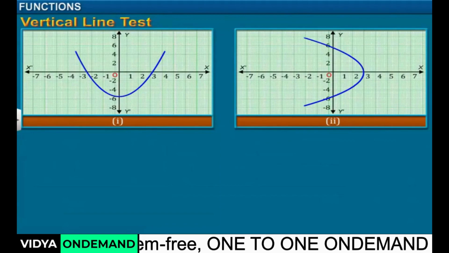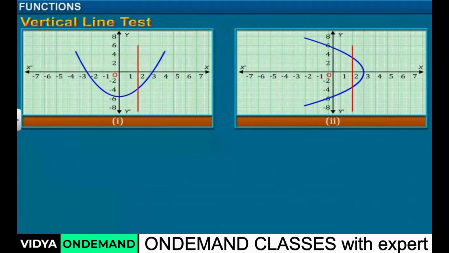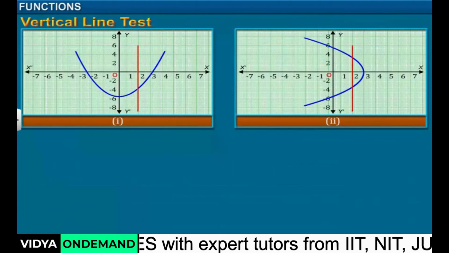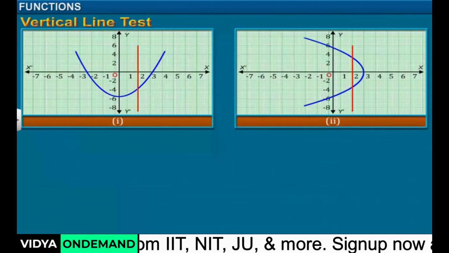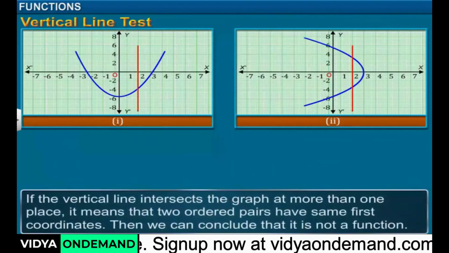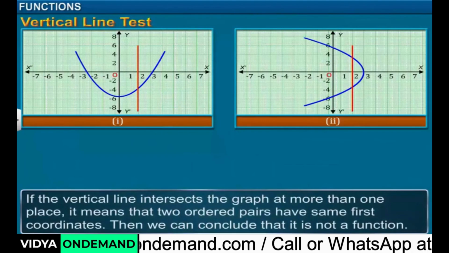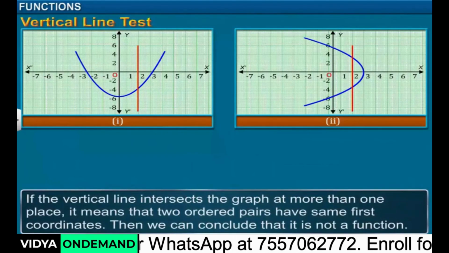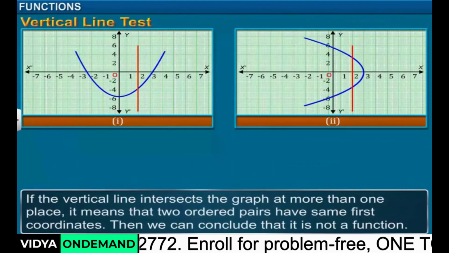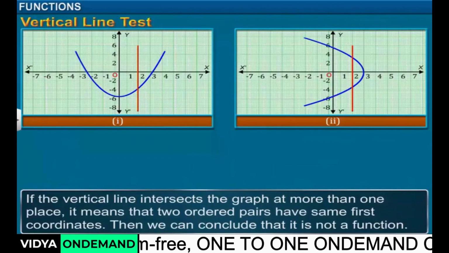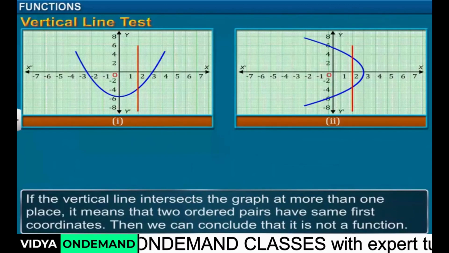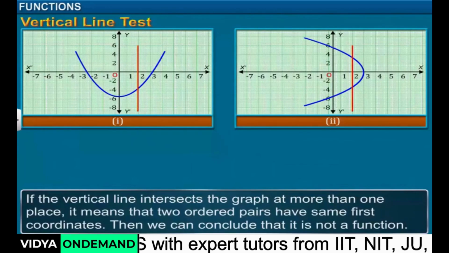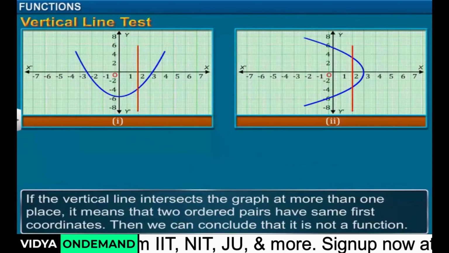Draw a vertical line parallel to the y-axis such that it intersects the graph. If the vertical line intersects the graph at more than one place, it means that two ordered pairs have same first coordinates. Then we can conclude that it is not a function.